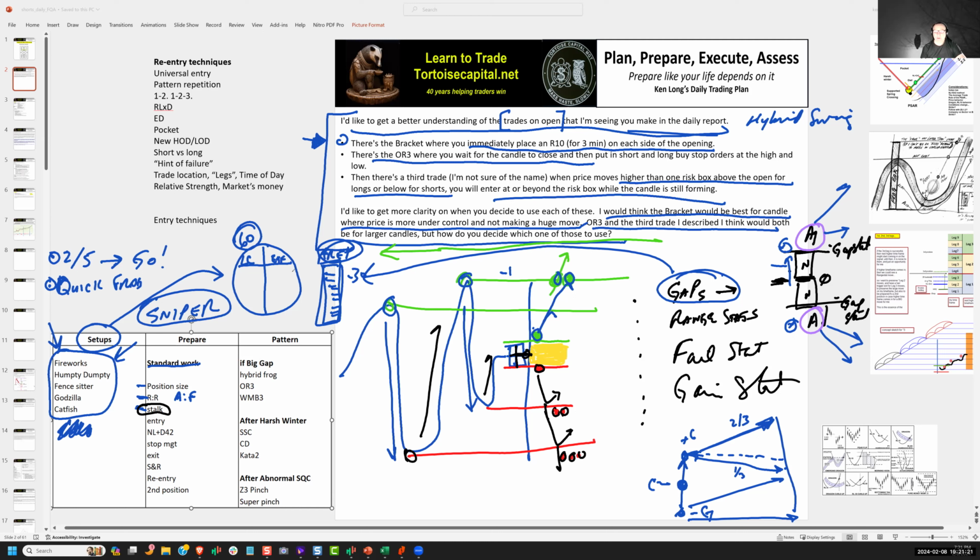So, all other things being equal, I'm going to prefer to trade on 3-minute bars fast anything that was a big gapper.